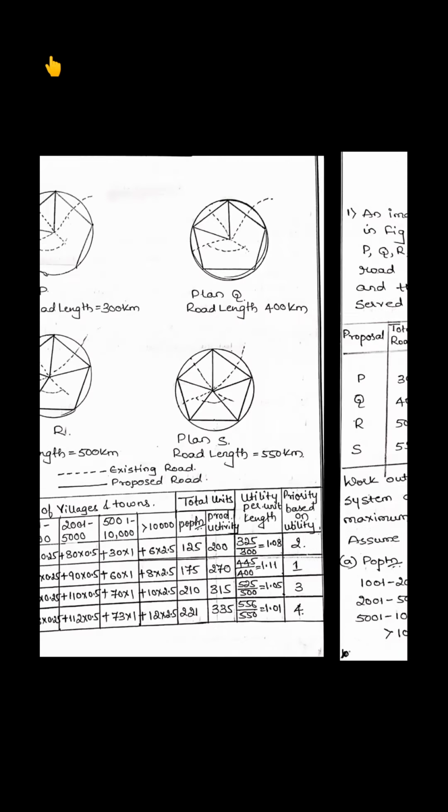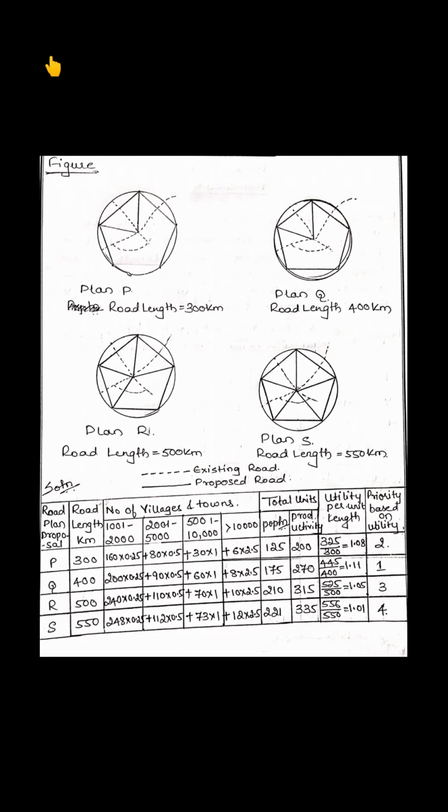Okay, here you can see the figure. In plan P, the dotted line is the existing one. The dark lines are the proposed road lengths.